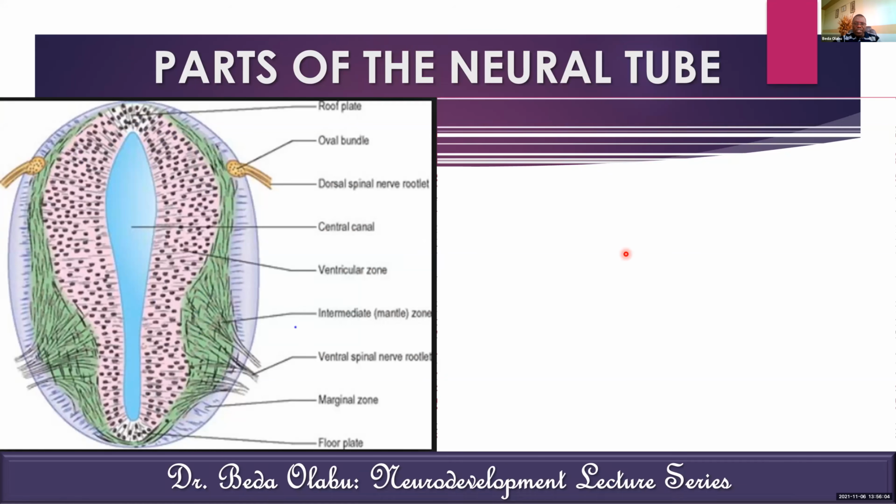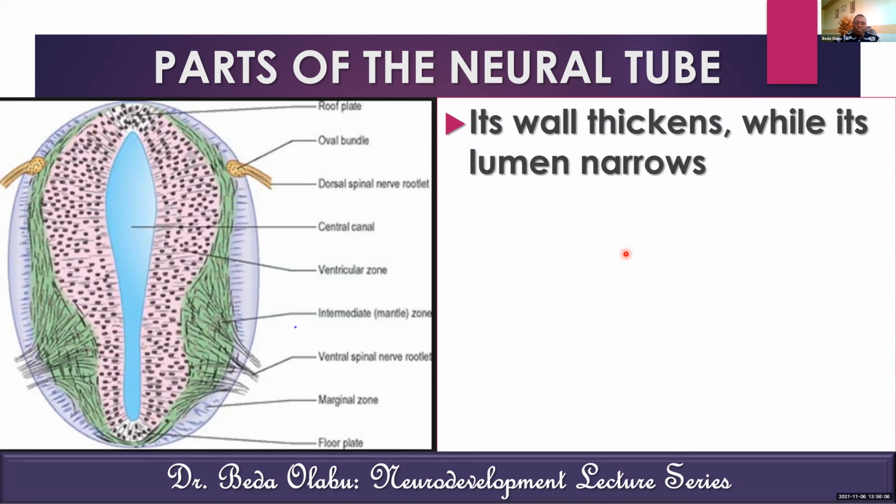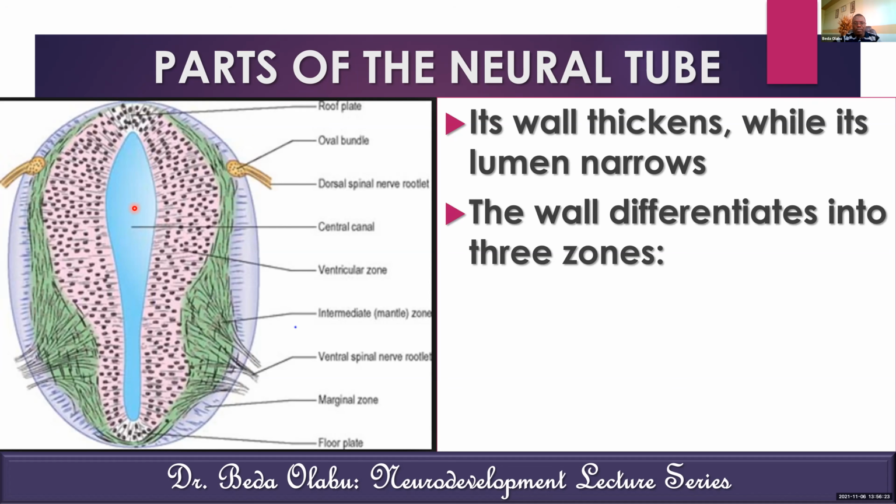The cross-sectional neurotube is characterized by rapid cellular proliferation, which makes the wall of the neurotube thicken. And as the wall of the neurotube thickens, the lumen of the tube becomes narrow. As time goes by, the wall of the neurotube differentiates into 3 histological zones.